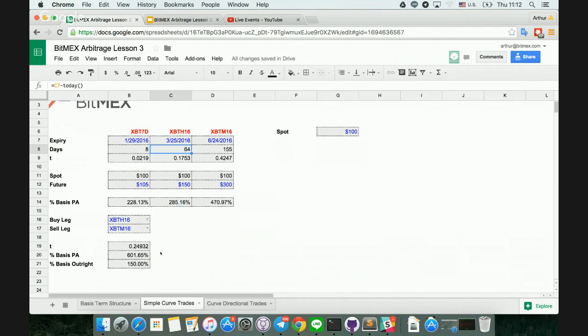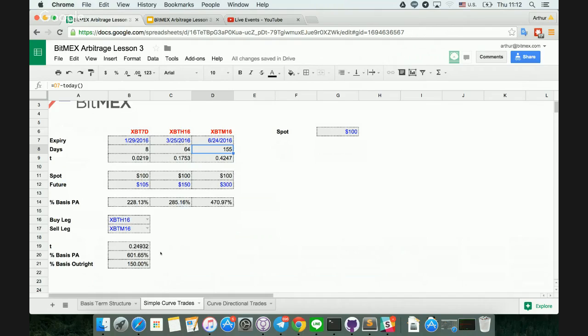In 64 days, the H16 is going to expire, and we will no longer have a long hedge to our short M16. Now, as I said many times, we are not taking risk on the Bitcoin price. So what do we need to do? We need to buy back our M16 contract.